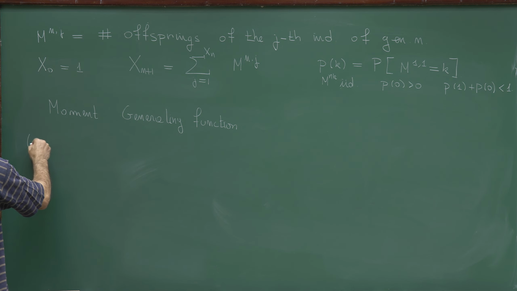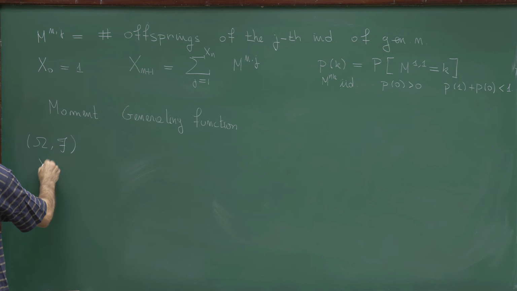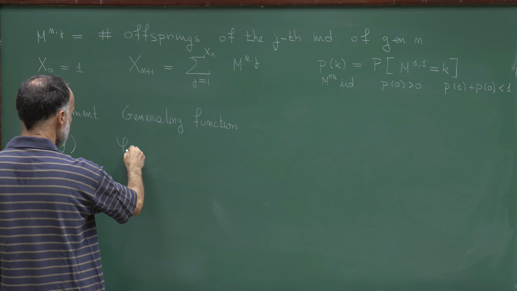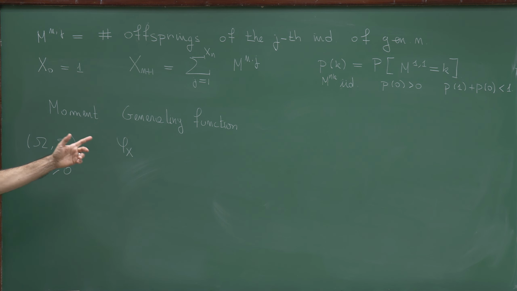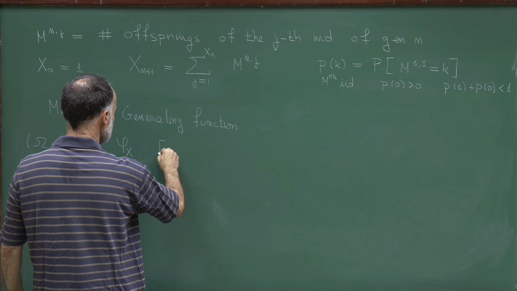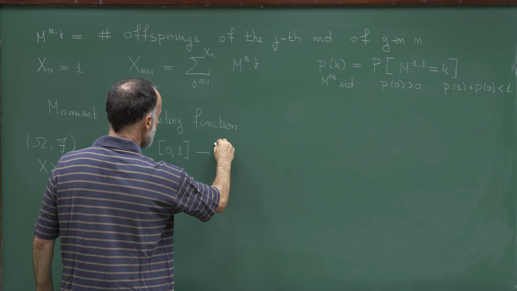So if you have some probability space Omega, F, and in this probability space you have a non-negative random variable X, I will define phi of X as the moment generating function of X as a function from 0, 1 to 0, 1.